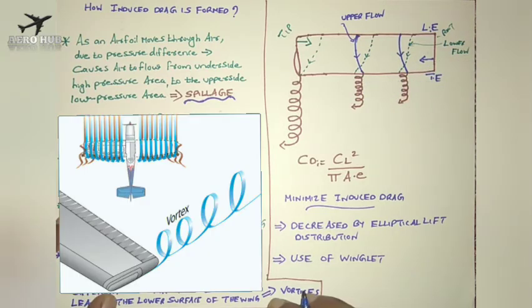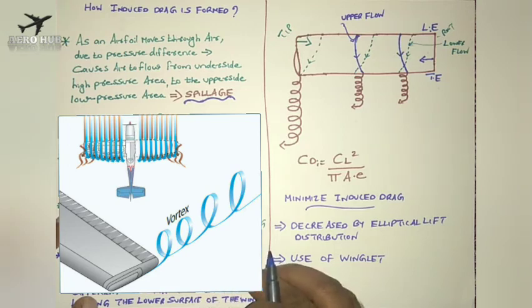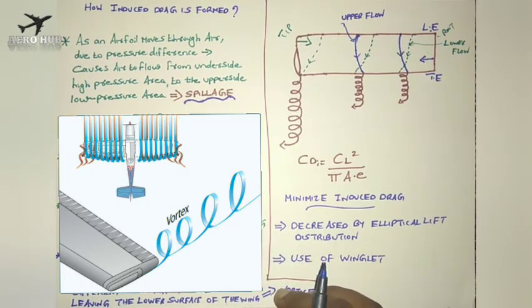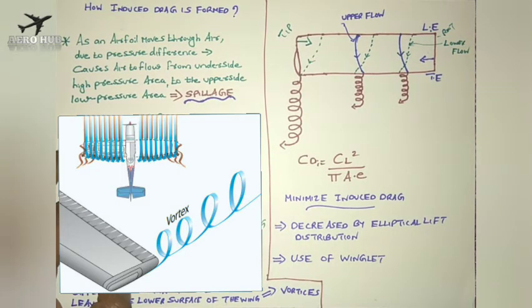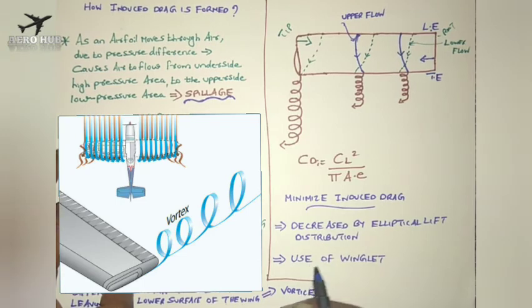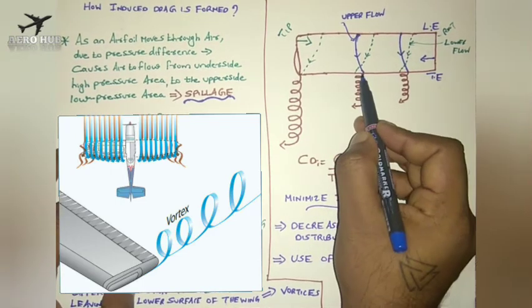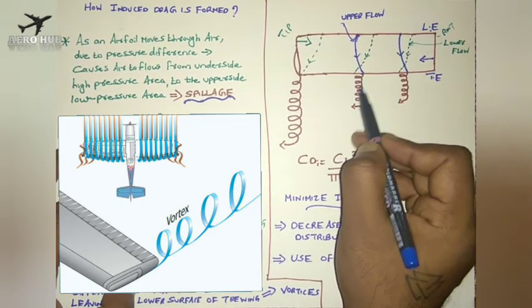I repeat once more. The air at any point along the trailing edge of the wing leaves the upper surface traveling in a different direction to the air leaving the lower surface of the wing. This is mainly due to the difference in direction of the spanwise flow, and this difference will create the vortex at the trailing edge.